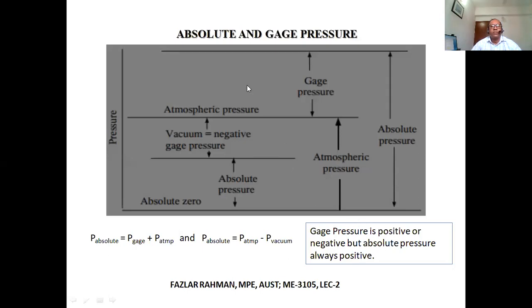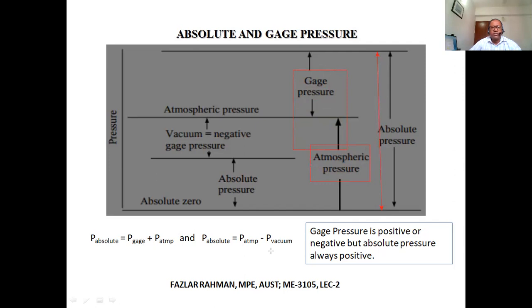Now, what is the difference between gauge pressure and absolute pressure? If you have the gauge pressure, some type of reading from some medium, or you are getting the pressure inside a pipeline or inside a tank, that will give you the gauge pressure. With that gauge pressure, if you add atmospheric pressure, then that will be the absolute pressure.